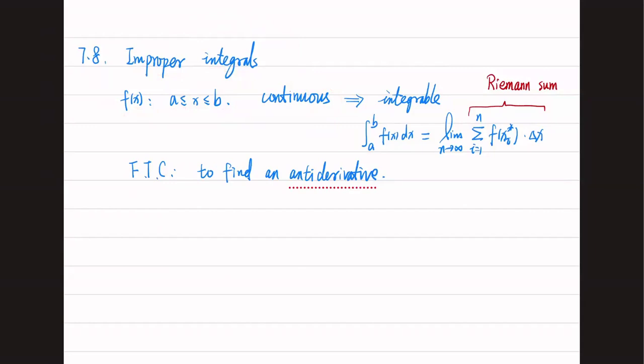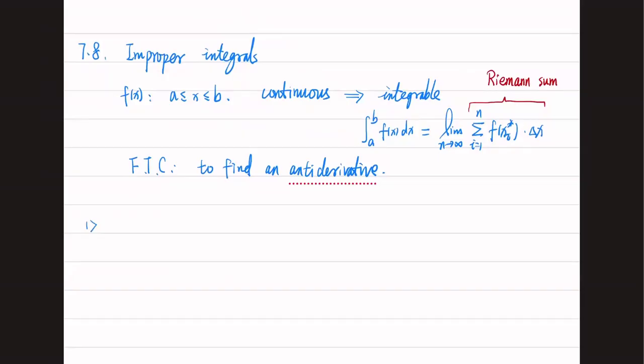The first case is on an unbounded domain. We want to define the integral. Okay, so it's still continuous. This time we define it as a limit. We still start with a finite interval from a to b.